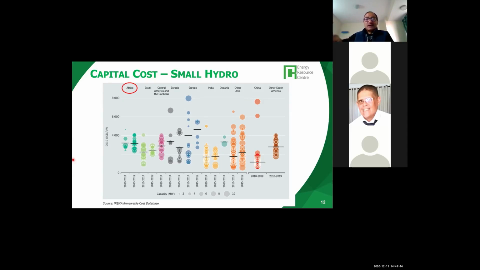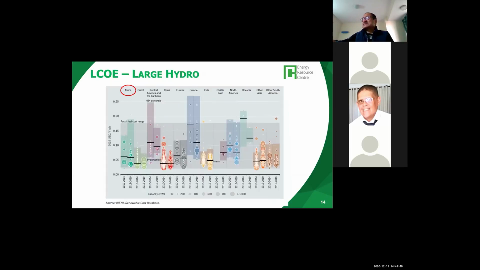And as you see, this is in terms of the levelized cost of electricity. The unit cost is around 6 or 7 cents. I don't know the tariff in Mozambique, but I would assume it is higher; this is in Africa for large hydro.